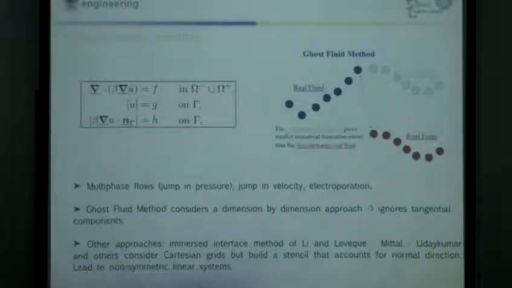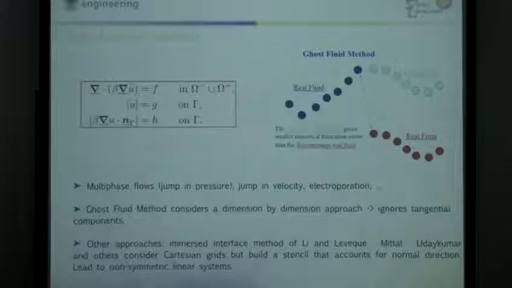The idea of the Ghost Fluid is to try to avoid taking a derivative across an interface. So the idea is to take a ghost fluid that has the real fluid plus the jump. So then when you do the derivative, you don't get big errors. Okay? So that's the idea. And it's something that is quite successful.